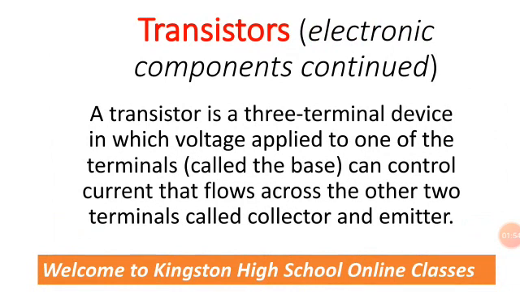Any current applied to one of the terminals, which is usually called the base, or you call it the gate, can control current that flows across the other two terminals, which are called the collector and emitter.